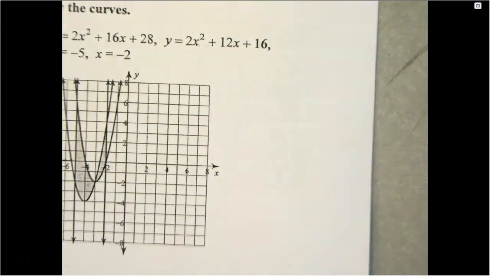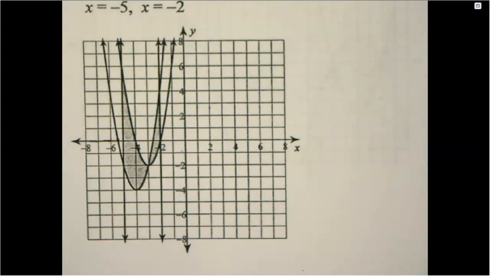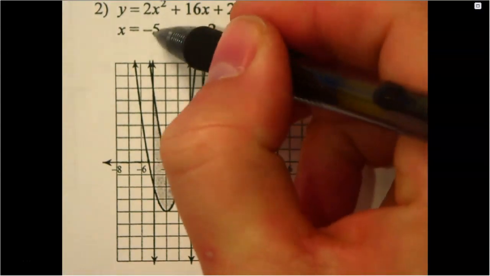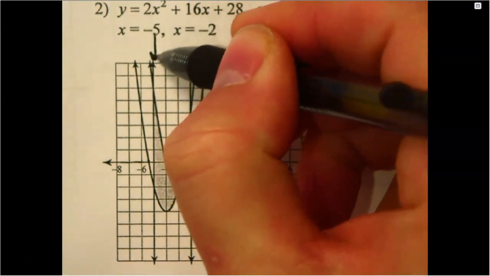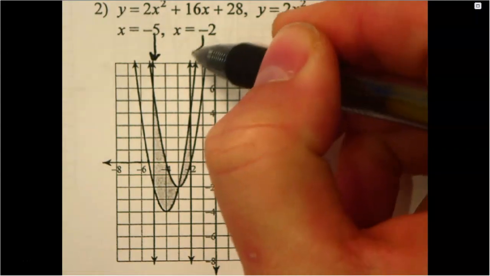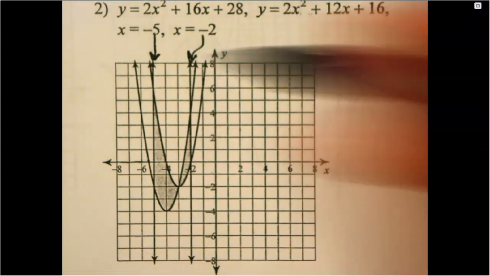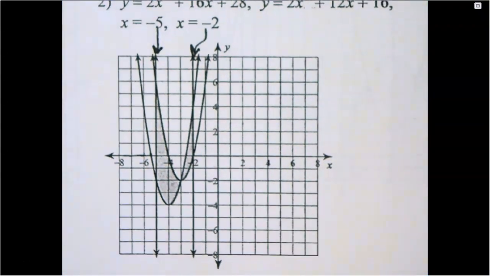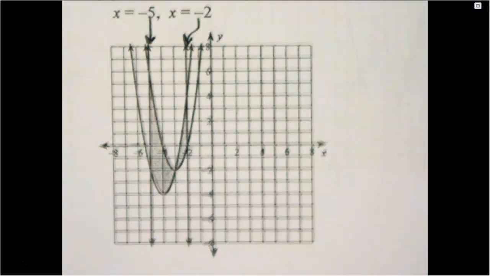Number 2. A little tougher to see what's going on here. But x equals negative 5 is this vertical line, and x equals negative 2 is this vertical line. We've got a different situation here.